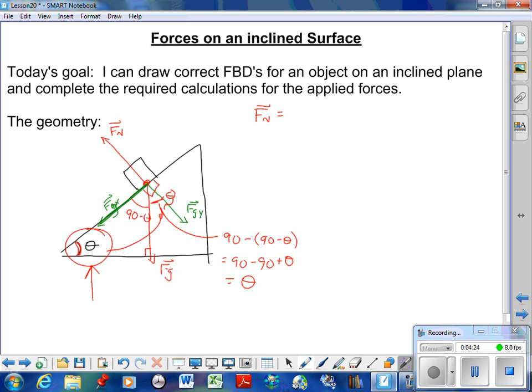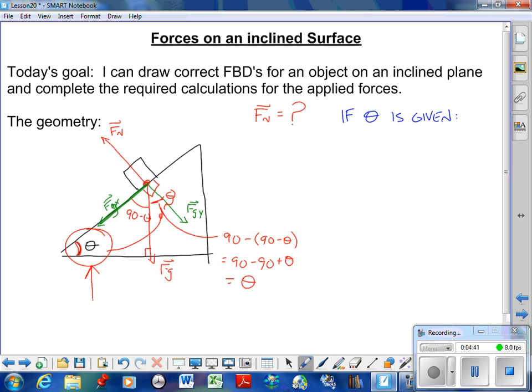So the question up here is what's the normal equal to? Well, using our vector notation, I give you the following values. If theta is given, so that's your inclined angle, then what do we know?